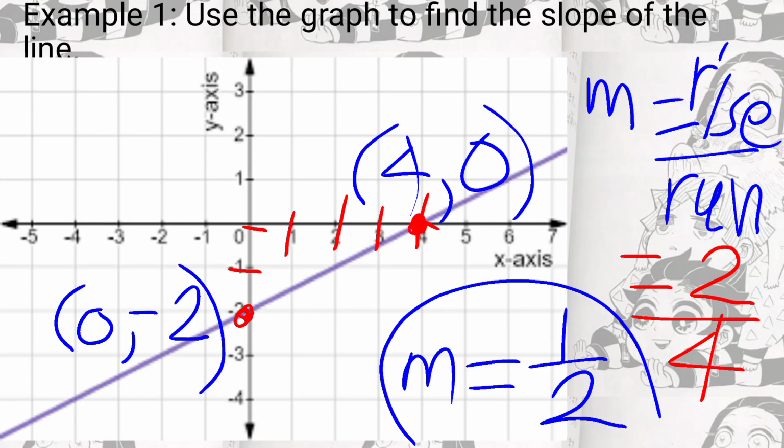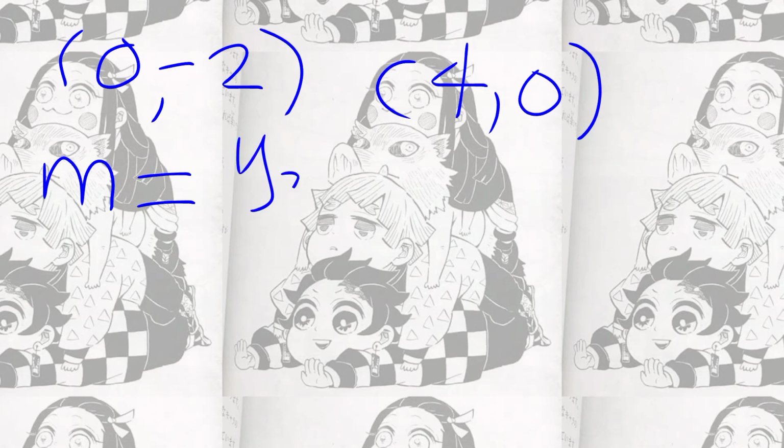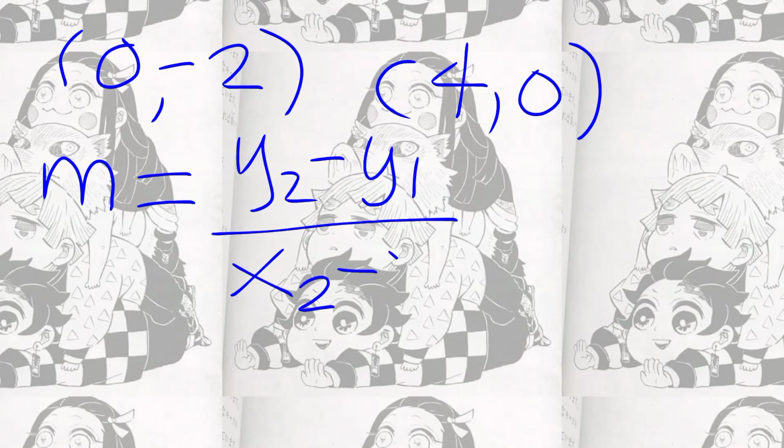So our first point is 0, -2, and our second point is 4, 0. What is our formula for finding the slope given 2 points? We have y sub 2 minus y sub 1. Remember that this is the vertical change. And then x sub 2 minus x sub 1 is the horizontal change.